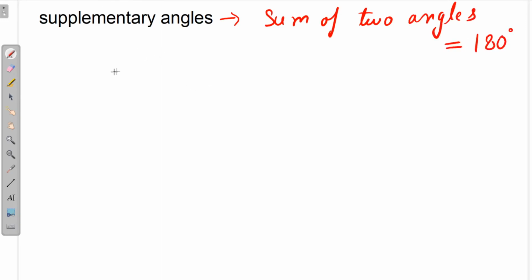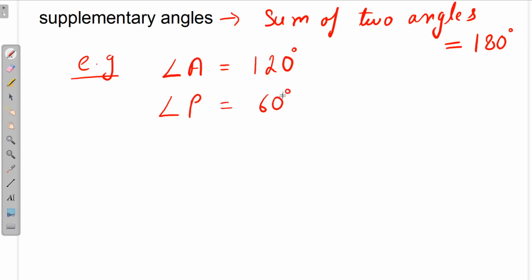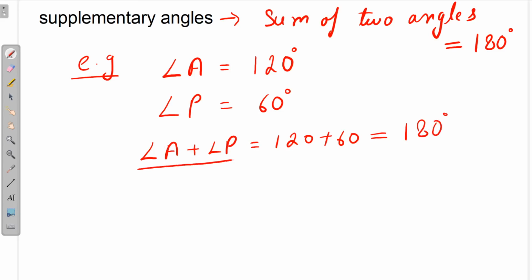So suppose that I take the example, angle A is 120 degrees and angle P is 60 degrees, then the sum of two angles, that is angle A plus angle P, is equal to 120 plus 60, that is equal to 180 degrees. That means angle A and P are the supplementary angles.